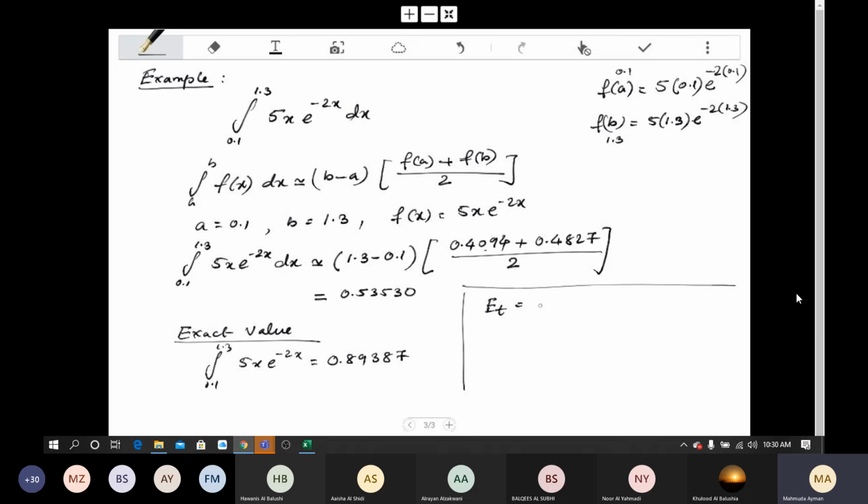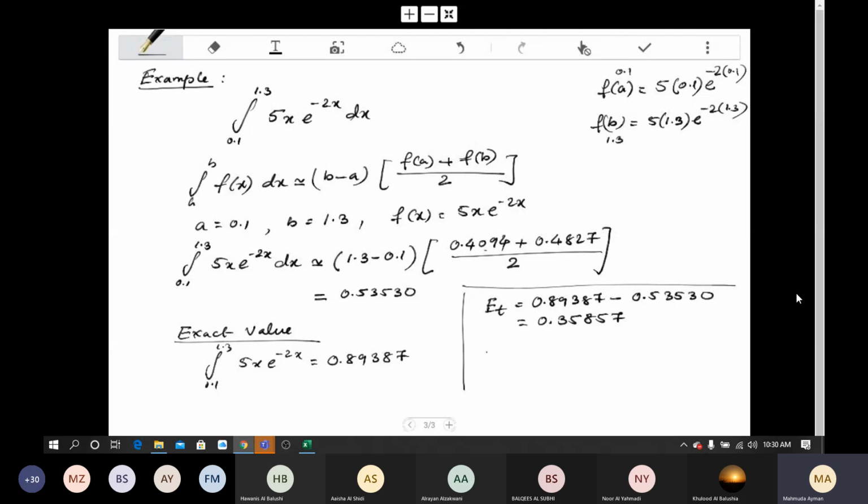So the true error will be the original 0.89387 minus the derived value, 0.53530. This is equal to 0.35857, right?